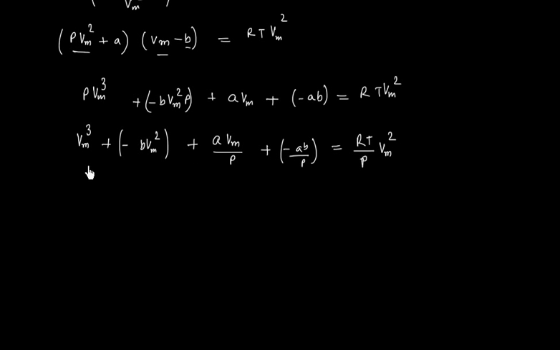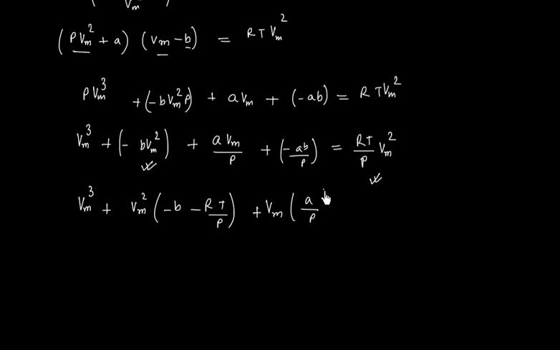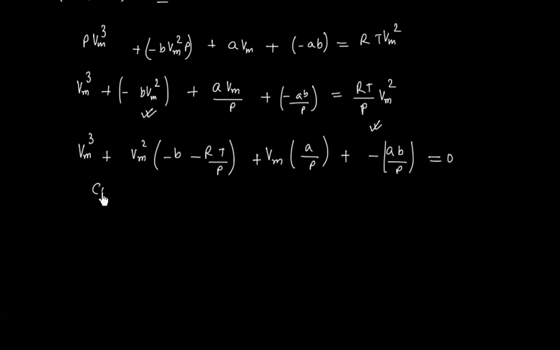Now we can arrange these terms. First Vm to the power 3. Now let us take Vm square coefficients. So here we have minus b, and here we have minus RT by P. Then Vm, then constant term. Now this is a cubic equation.